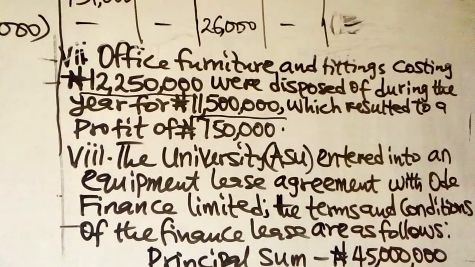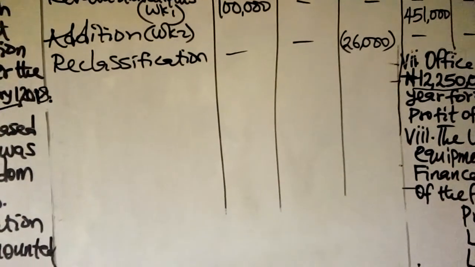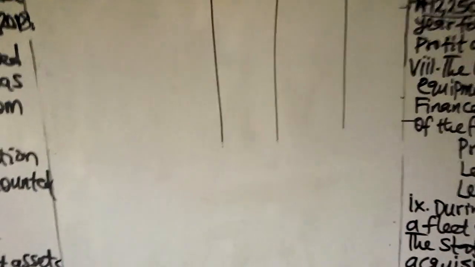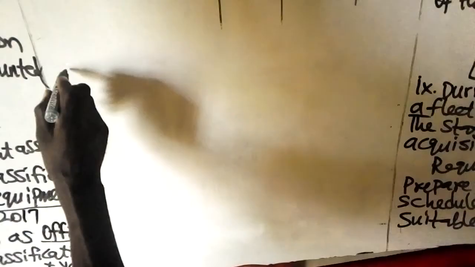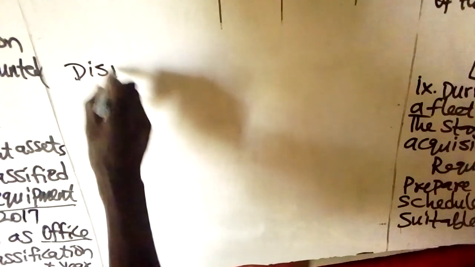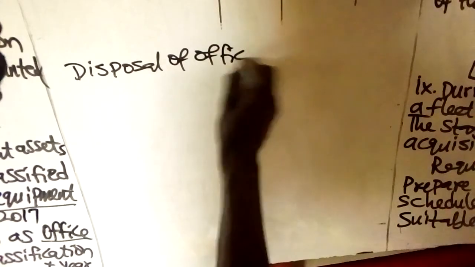Remember, we used to have a profit when the proceeds exceed the carrying amount. So now, a disposal of office furniture.